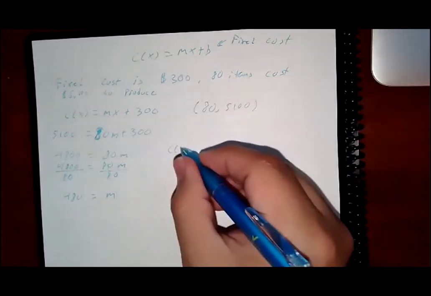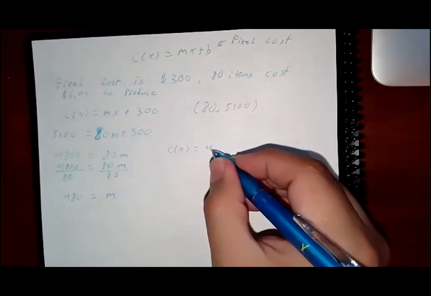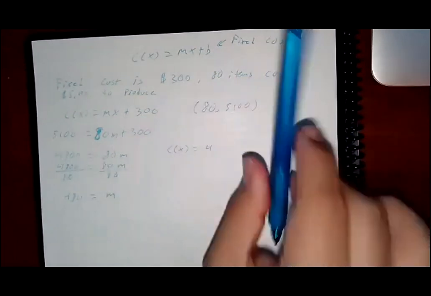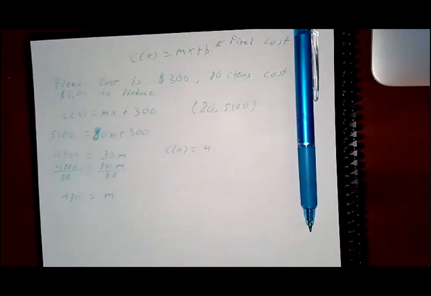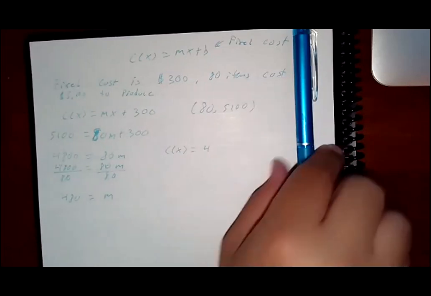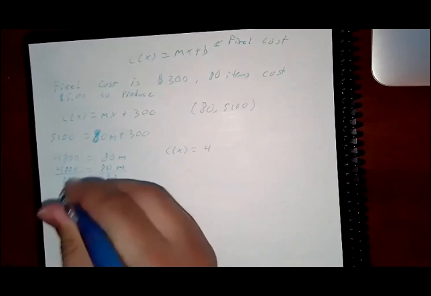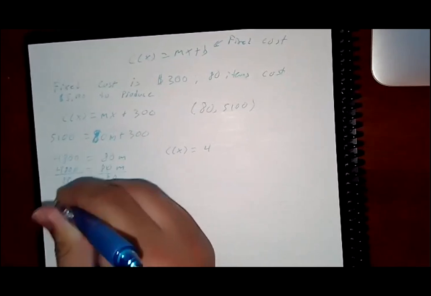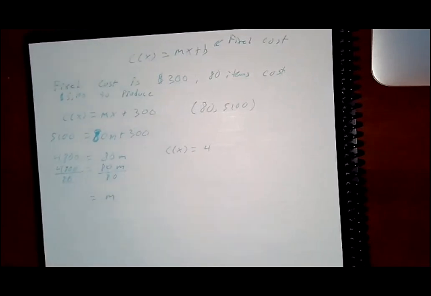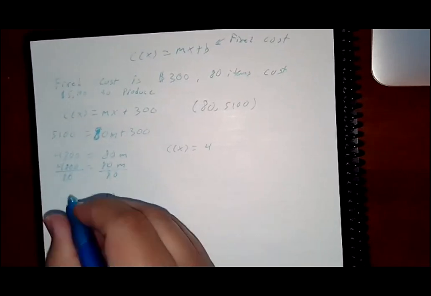So a cost function will be, wait, that's not true. What am I talking about? Let's do 4,800 divided by 80. It's not 480. Yeah. Sorry about that. I'm getting tired. So that'll be 60.